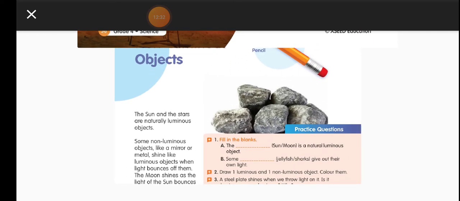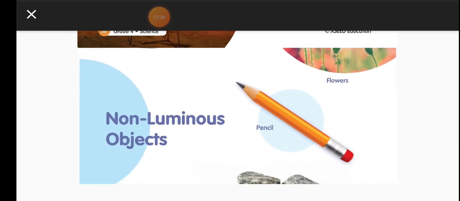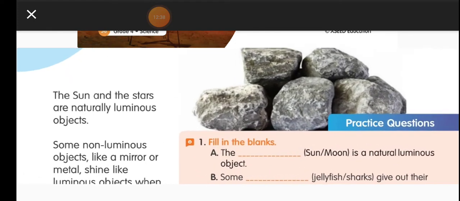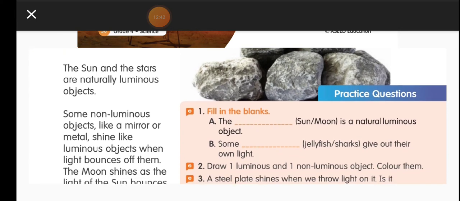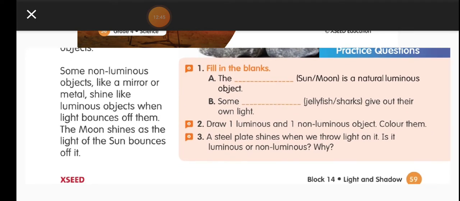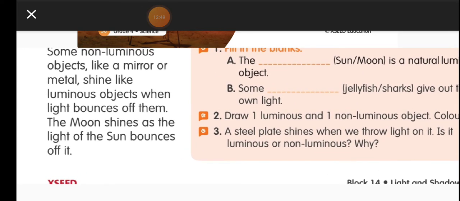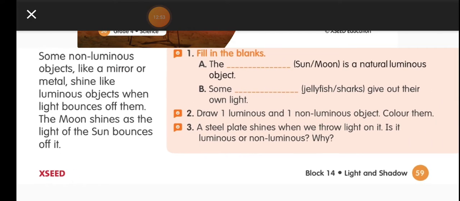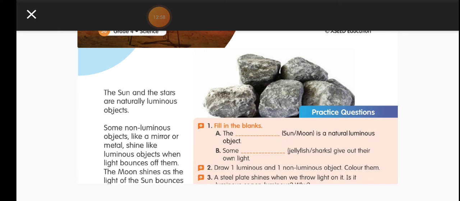Non-luminous objects are things like glasses, flowers, pencils, stones. The sun and the stars are natural luminous objects. Some non-luminous objects like a mirror or a metal shine like luminous objects when light bounces off them. The moon shines as the light of the sun bounces off it.